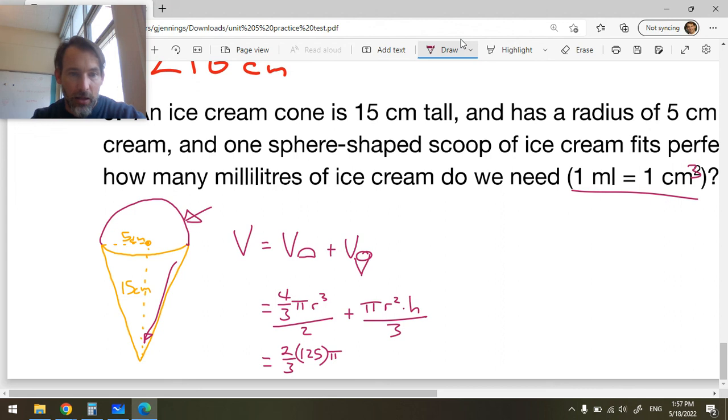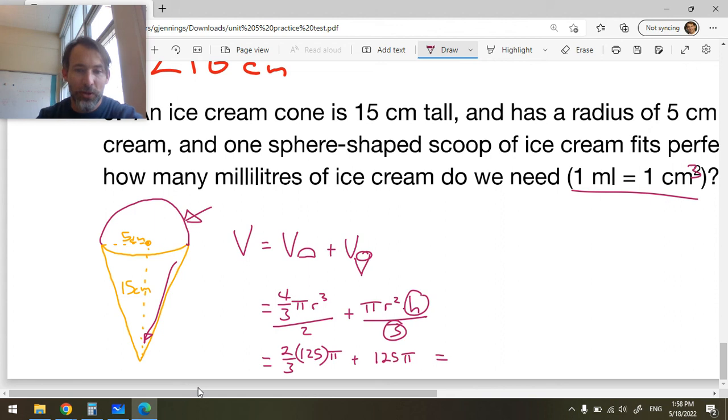That's the volume of that ice cream, plus pi times the radius squared, which is 25, times 15, divided by 3. 15 divided by 3 is 5. So 5 times 25 would be 125. So this is plus 125 pi. So this is all together 5/3 times 125 pi.